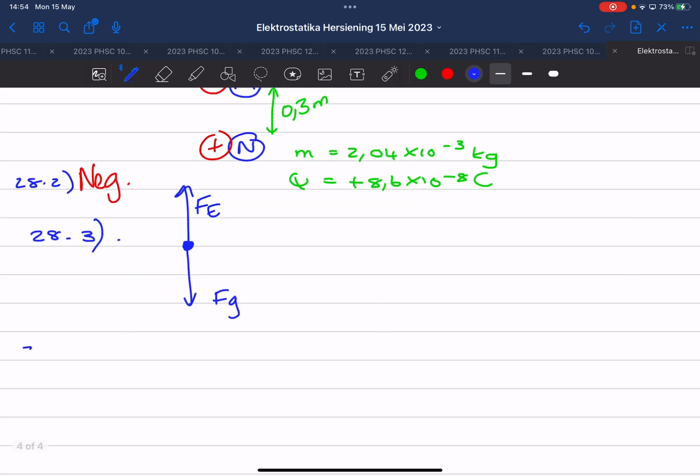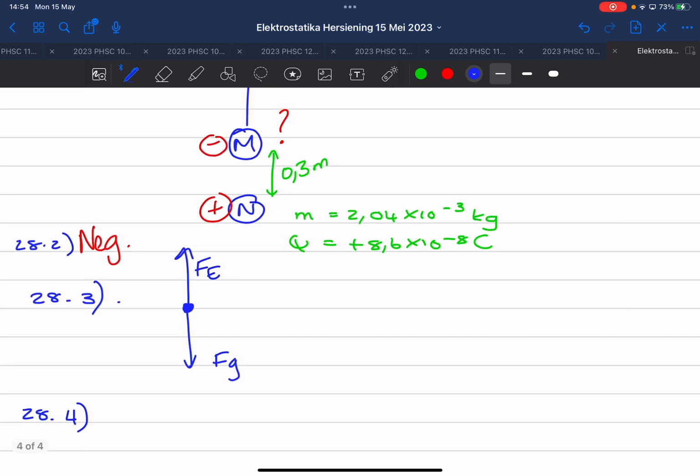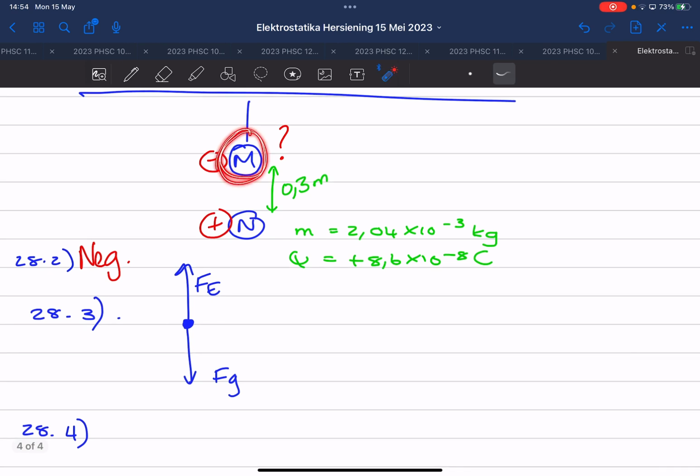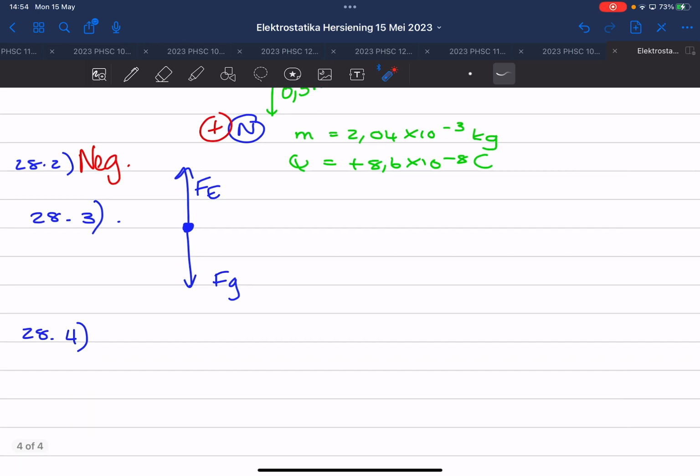Okay, then question 28.4. Vra hulle vir jou bereken die grootte van lading M. Calculate the size of charge M. Okay. Nou, dit is waar hulle nou Newton se wette hier ingebring het.